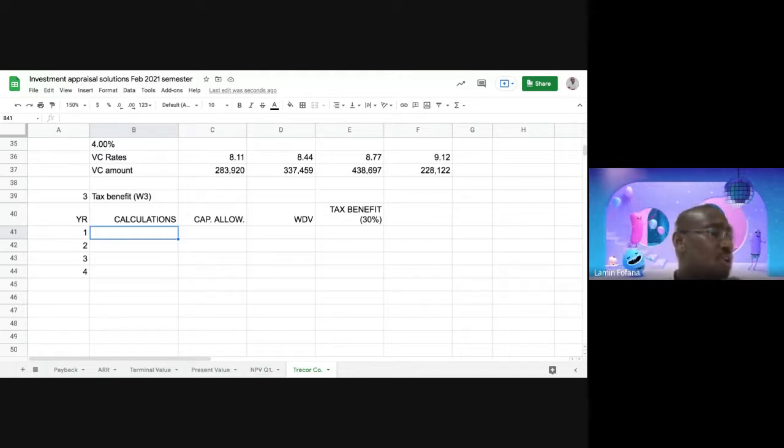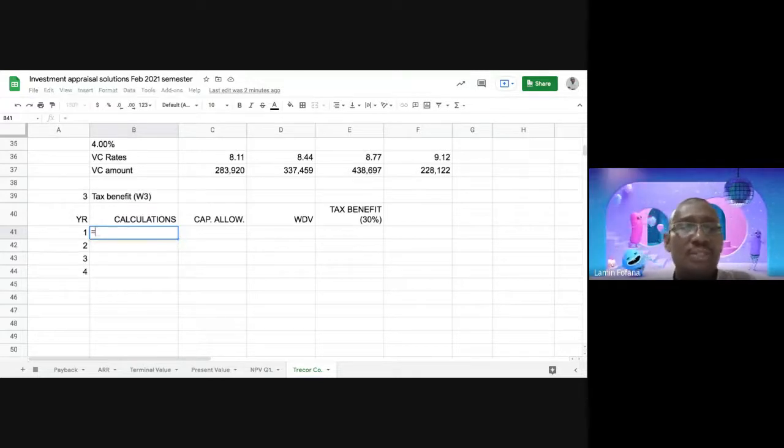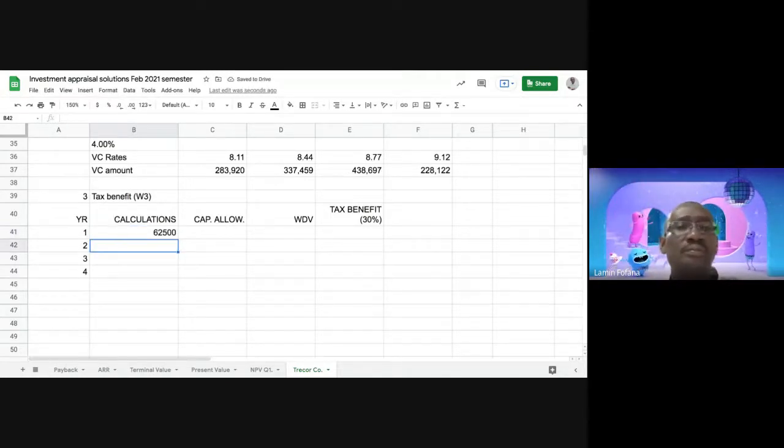Our first number we're going to start with will be the cost of the asset. And what's the cost of the asset? 250,000. So our first calculation will be 250,000 multiplied by the rate, and the rate is 0.25. So we could in fact put the rate somewhere here.